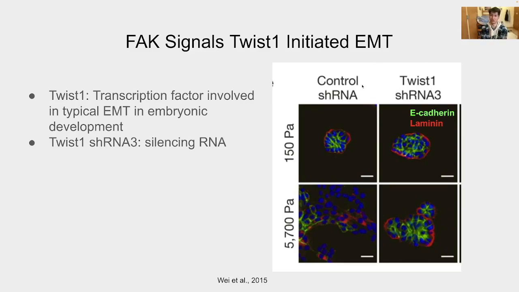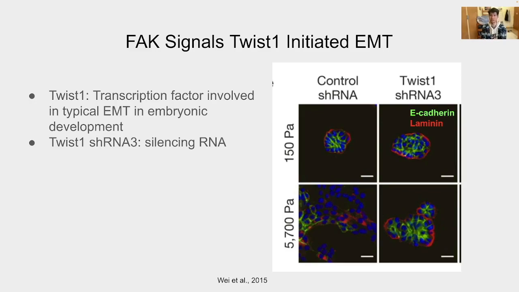So they immunostained for cell-to-cell connections to visualize EMT, and without the inhibiting RNA, they saw that EMT occurred at a high stiffness, so we can see all these guys escaping and breaking down the acini. But with the inhibitory RNA, this was pretty much inhibited. The acini isn't as broken down in comparison. The cells aren't mesenchymal and moving away.